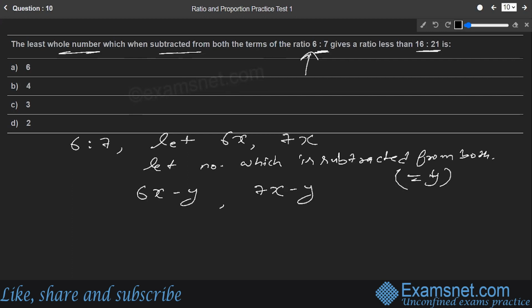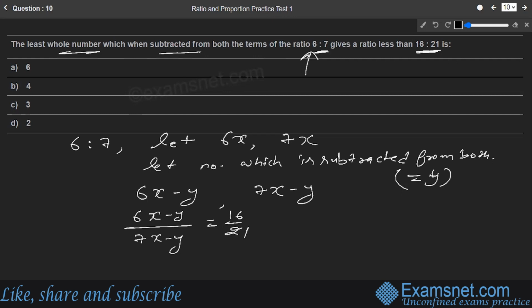And then they say if the things are done like this, then the ratio should be equal to 16 is to 21. So we can write (6x minus y) over (7x minus y), and this ratio should be 16 is to 21, and we are supposed to give the value of y.